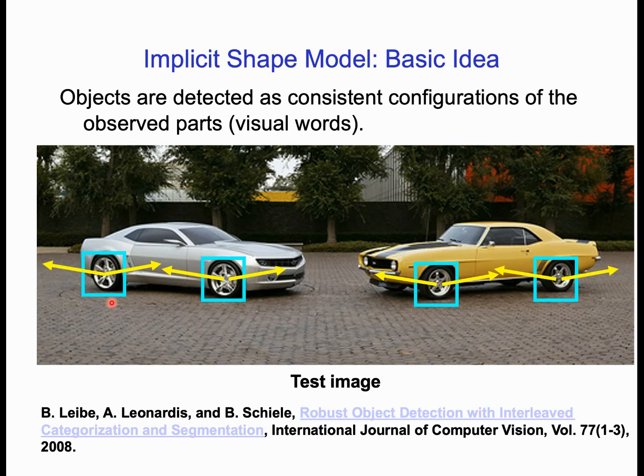The idea about the implicit shape model or generalized Hough transform is to simply create a voting. For example, in this example, for this location there will be two votes saying that this is the center of the car, while at this location and this location there will only be a single vote. Same as here, at this point there will be two votes, while here and here there will be single votes.